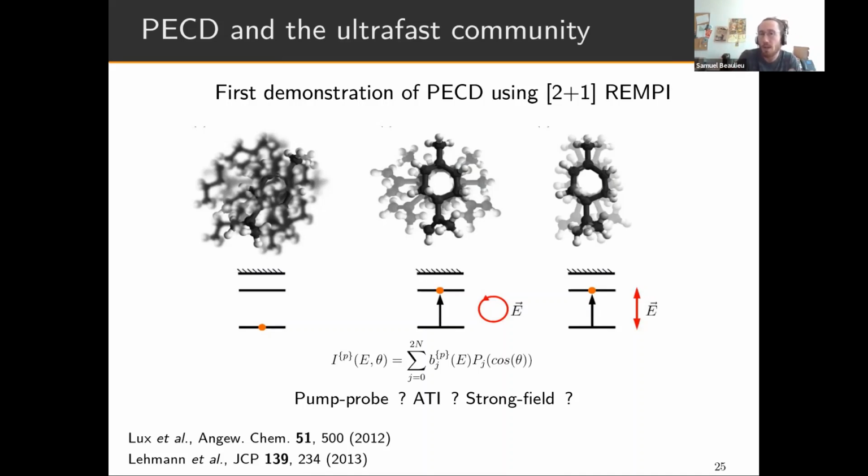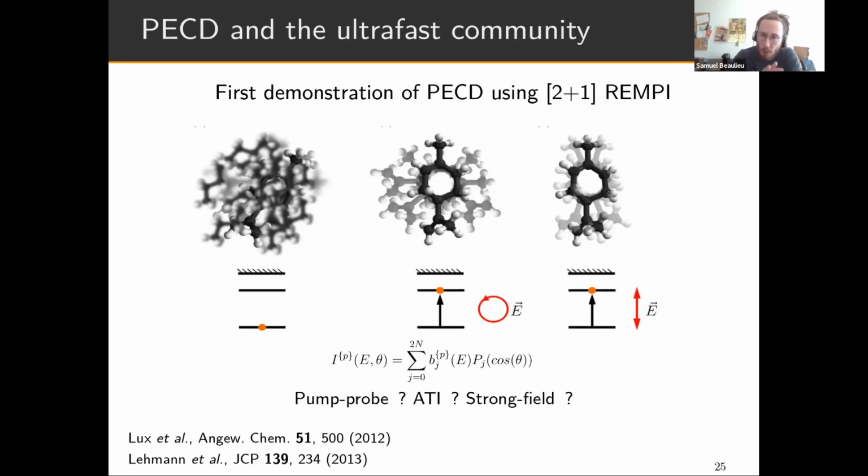So this will lead to a breaking of the sample isotropy by the so-called excitation anisotropic mechanism. And this is really at the heart of the complex angular distribution emerging from multi-photon resonant PECD. That was just briefly to explain why we see these complex angular distributions.